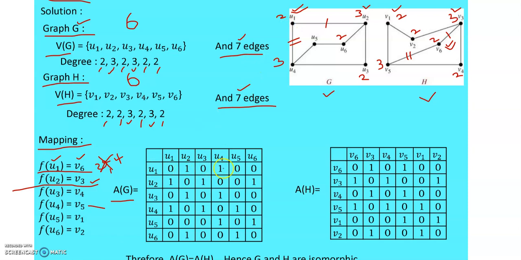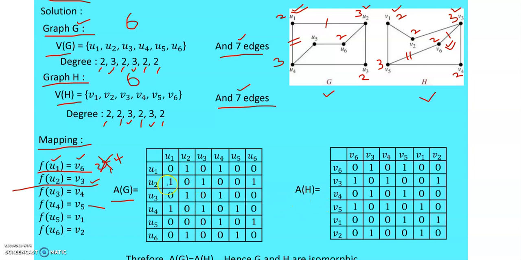So you will get 1 plus 1, 2, degree 2. u1 is adjacent with u2, so put 1. u1 is adjacent with u4, so put 1 here. The matrix is symmetric, so write this here also, because if u1 is adjacent with u2, I can say u2 is adjacent with u1 also. So here you put 1. That's it, symmetric. Similarly, you can make the matrix.